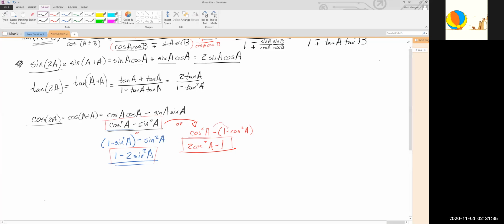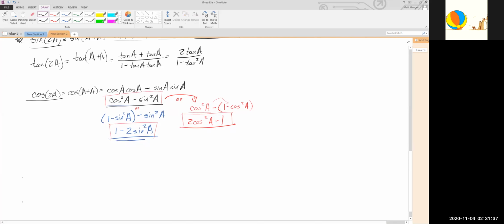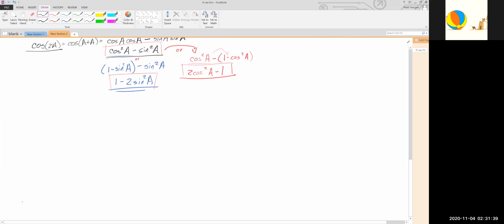Let's see, what else might be handy that you'll use a lot? Well, the fact that this double angle formula for cosine turns into a couple of different things really is surprisingly handy. The fact that this cosine of 2a is equal to, I'm going to use this one, the 1 minus 2 sine squared a. This is a handy relationship, because we can solve this for the sine squared of a.